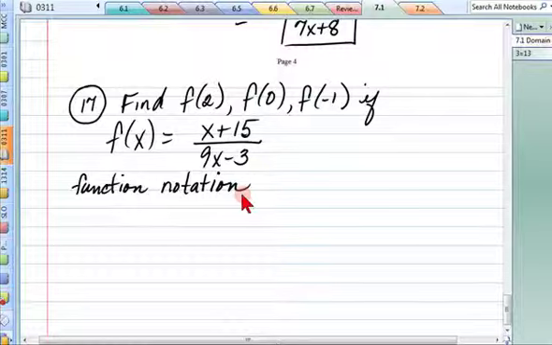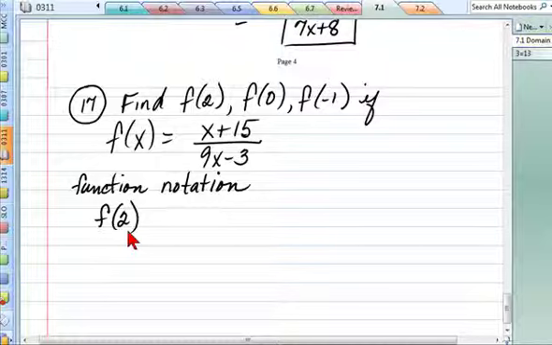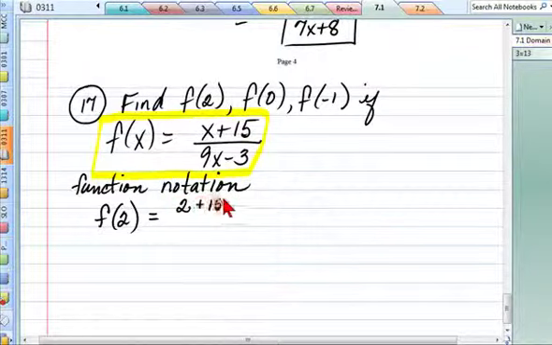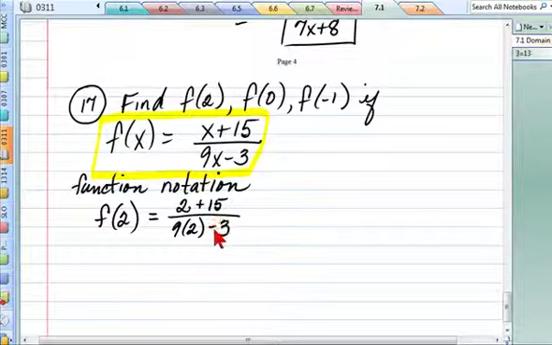All right, function notation. It says, first of all, find f of 2 is how that should be read. Well, look at your formula. Do you notice that the 2 has been put in the place of x? So you put 2 in the place of x in its definition. That is 2 plus 15 over 9 times 2 minus 3.